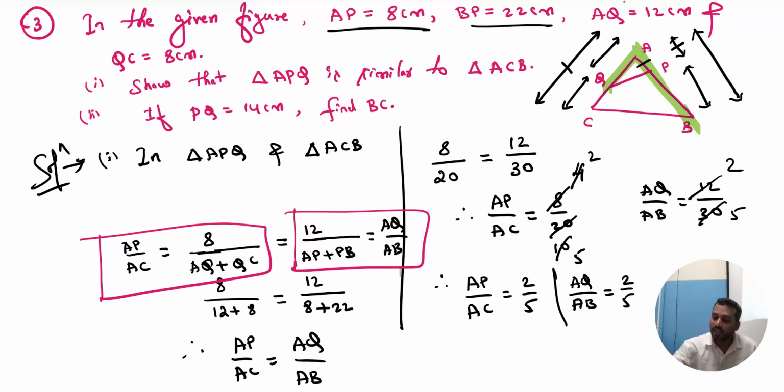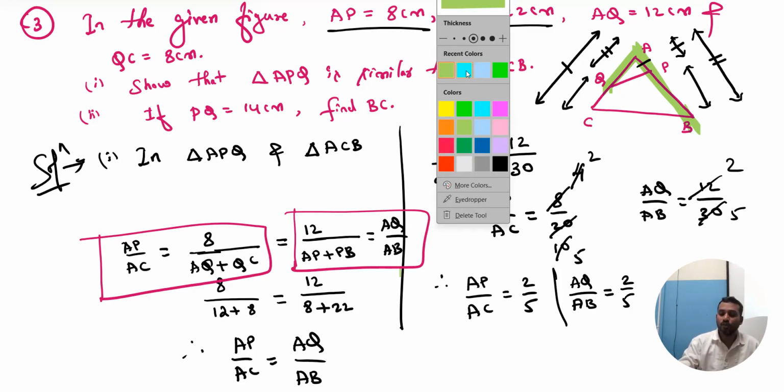Correct. Then double side AQ is proportional to double side AB, yes or no? Now can you see this angle A is common for both the triangles? Is angle A common for both the triangles, yes or no?